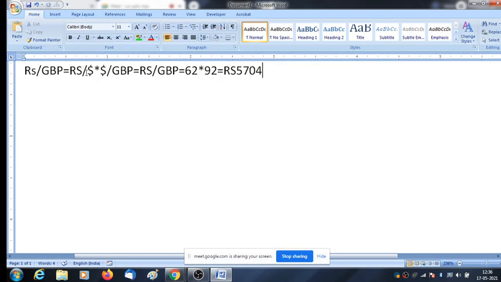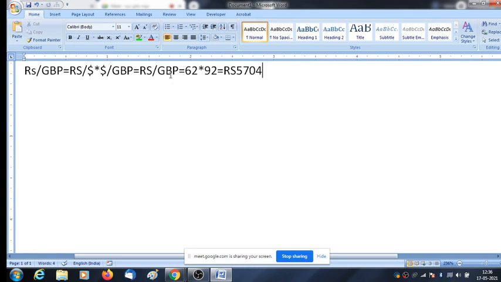But what we have? We have rupees in terms of dollar and dollar in terms of GBP. It is given in the problem. Now what I will do? I will substitute rupees per dollar and dollar per GBP. Dollar is in the denominator in one case and numerator in the other, so dollar and dollar will cancel, and we'll have rupees per GBP.